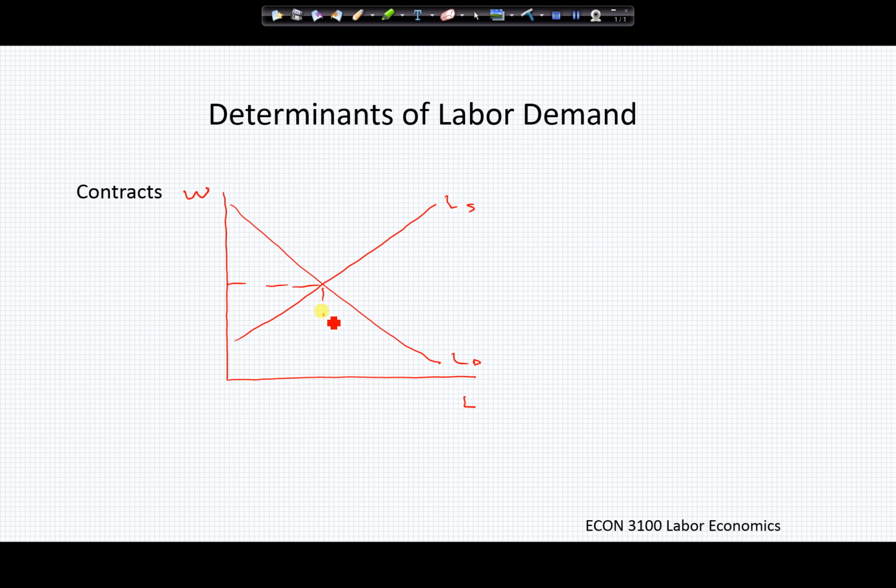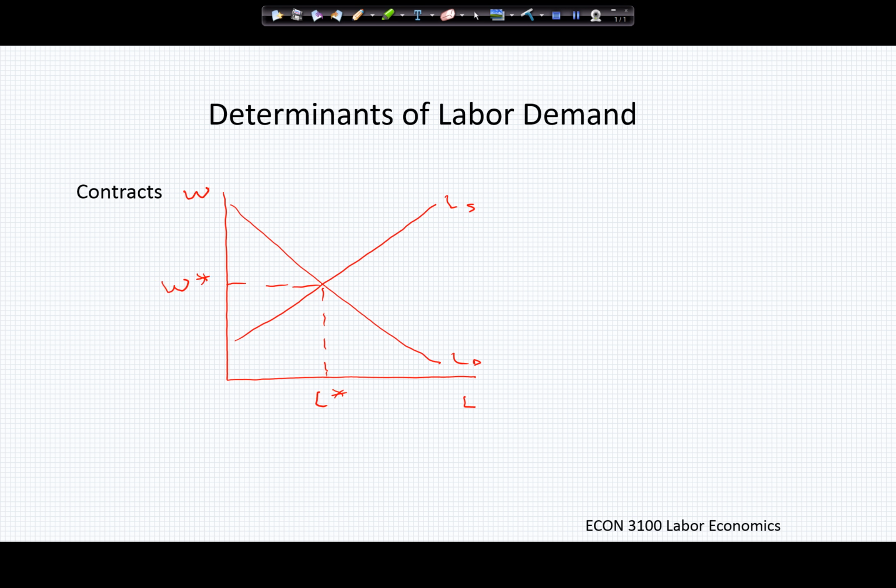Now let's think about the presence of contracts. Largely when we think about contracts in the labor market, we're either thinking about executive contracts, or we might be thinking about union contracts. So let's assume we have some labor supply, we have some labor demand, some L, and some W, yielding some W star and some L star.